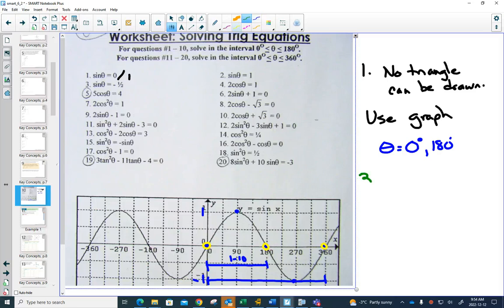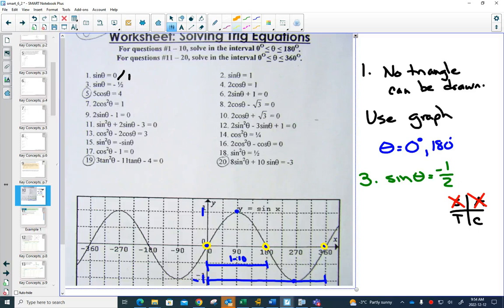For question number 3, we have sine theta equals negative 1/2. This one, you can draw a triangle with the opposite side being 1 and the hypotenuse being 2. But you have to find out where that triangle is going to be. According to the CAST rule, if sine is negative, it's not in quadrant 1, and it's not in quadrant 2.